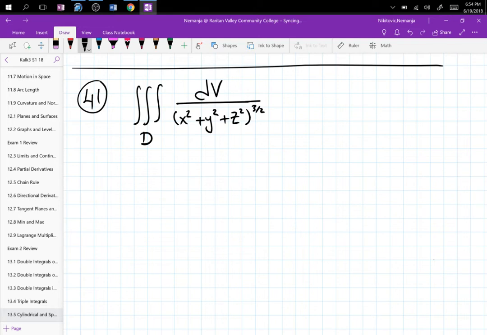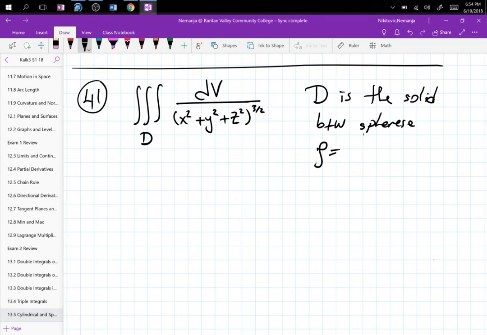Well, it is already. All right, so D is the solid between spheres rho equals 1, rho equals 2, centered at the origin.